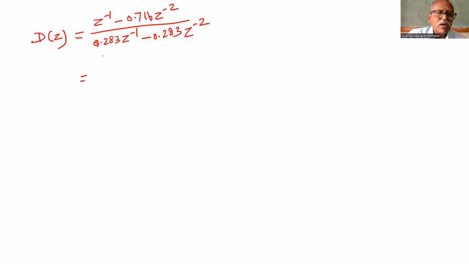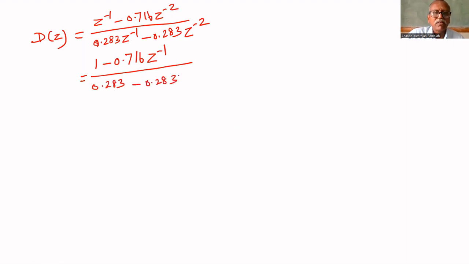Multiply the numerator and denominator by z, you will get 1 minus 0.716 z power minus 1 upon 0.283 minus 0.283 z power minus 1.